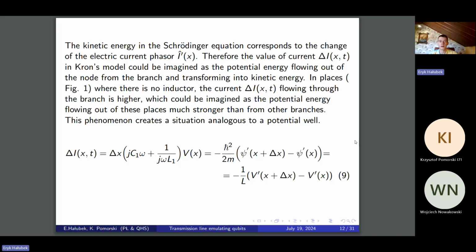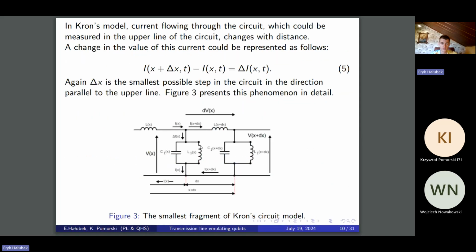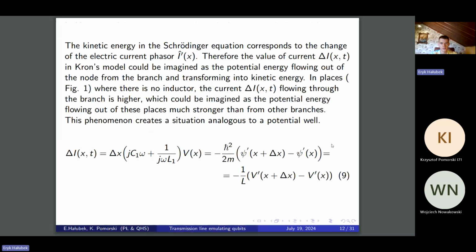Also, I like to think about this delta I of x current as the potential energy flowing out of each node of the branch and transforming into kinetic energy. So we could imagine that this potential energy flows out of each branch, and then we have a potential well in the middle, where the potential energy is the lowest.